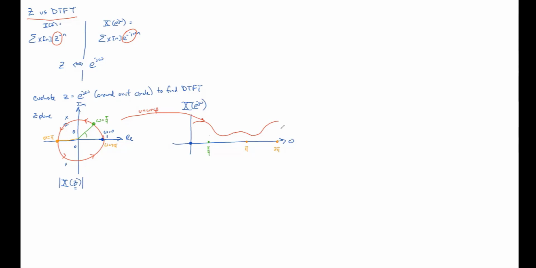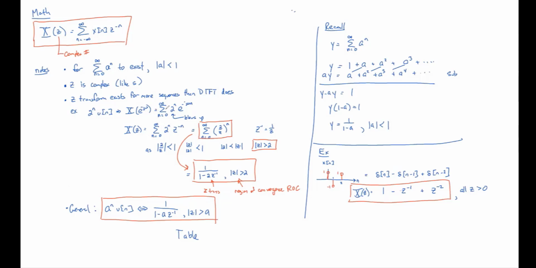Sure. So now you see that the DTFT that you had was really just an insight into what this magnitude of X of z was in 3 dimensions. And the z transform, again, is important because for this example here, we said, hey, we can't take the transform of 2 to the n. It blows up.